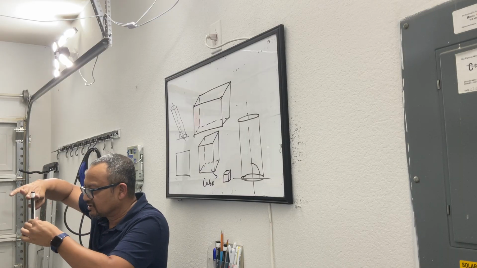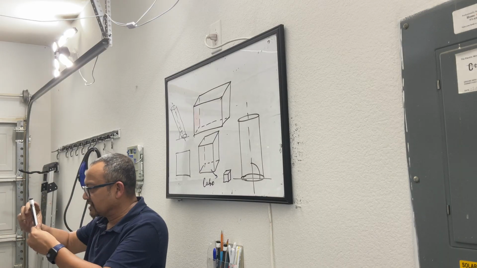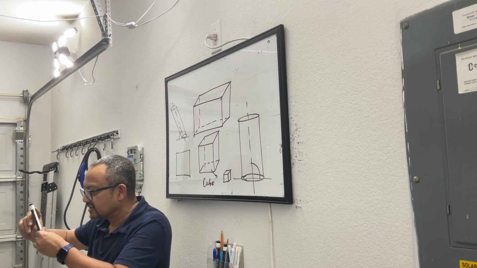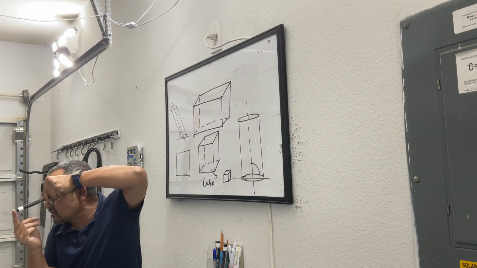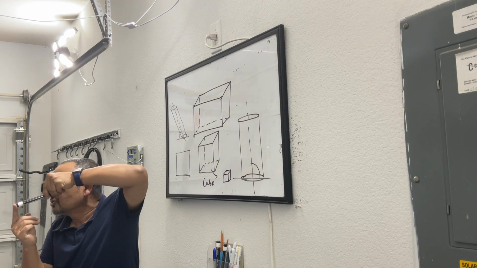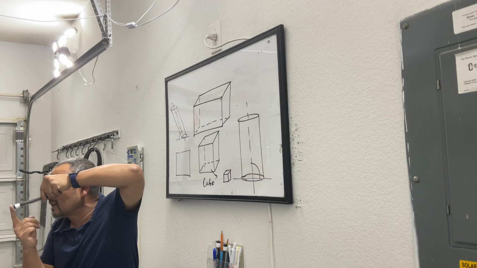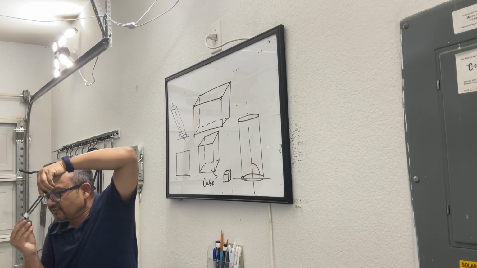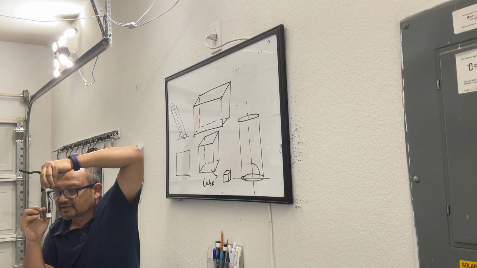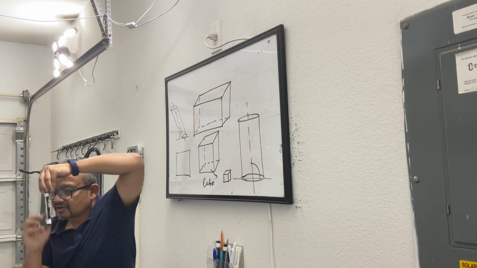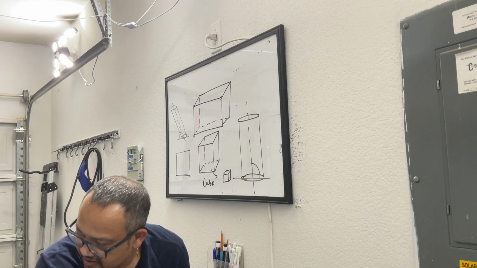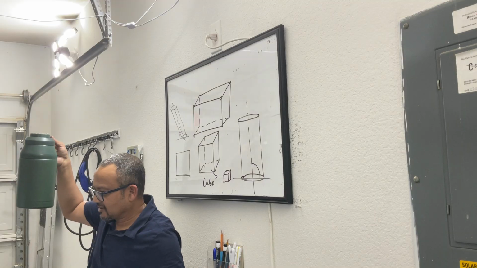If I cut the top portion and cut from here, whatever I'll be left with will be an example of a right cylinder. If you look at it from this side, what you're seeing is a circle. So a right cylinder is made of a circle as a base. If you have a circle, keep stacking another circle, like this water bottle.